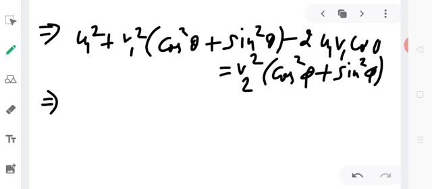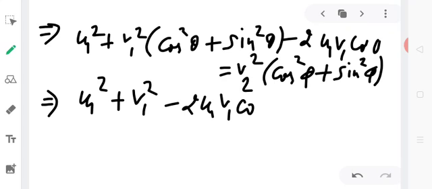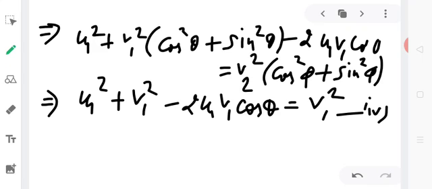So using the trigonometric identity that cos square theta plus sin square theta is equal to 1, we get u1 square plus v1 square minus 2 u1 v1 cos of theta equal to v2 square. Let's mark it as equation number 4.